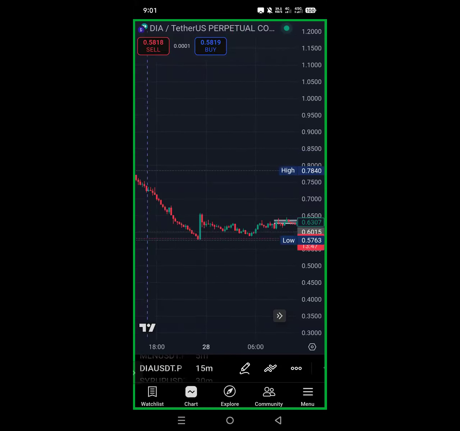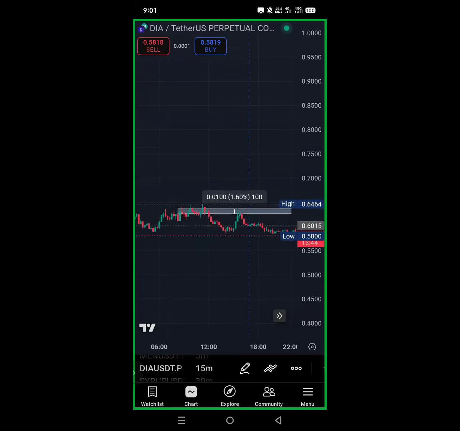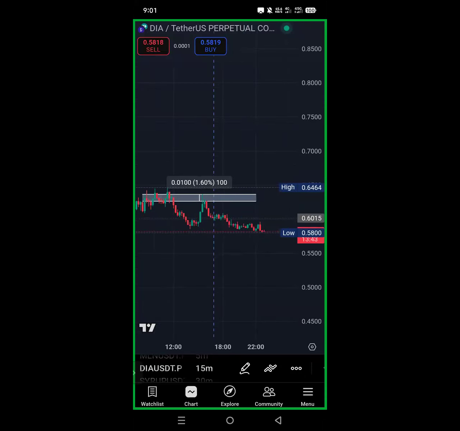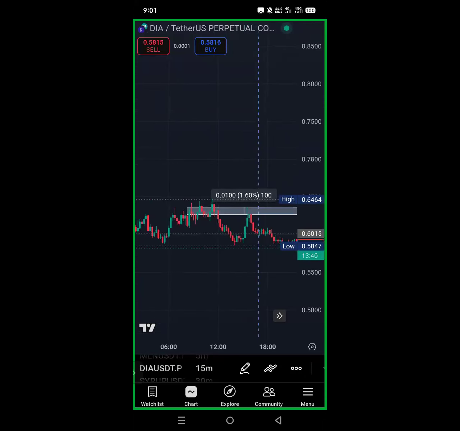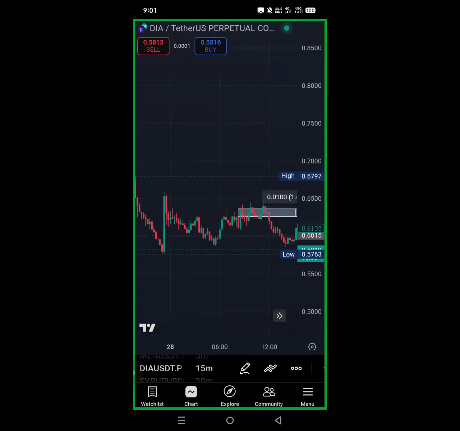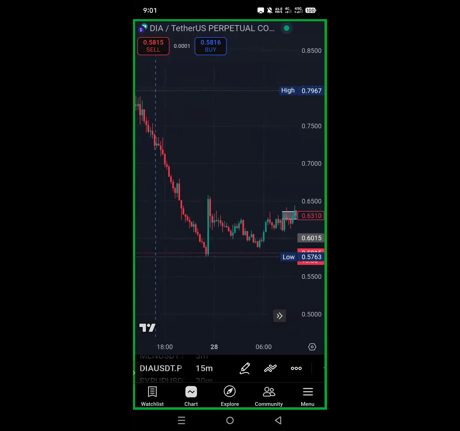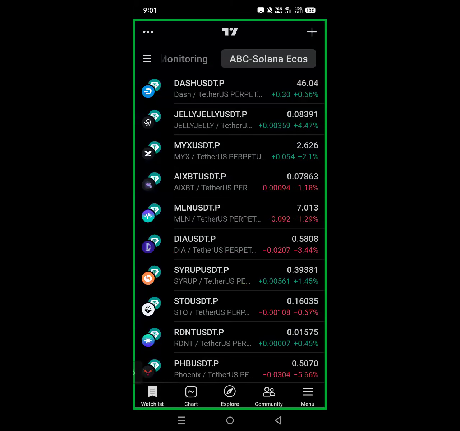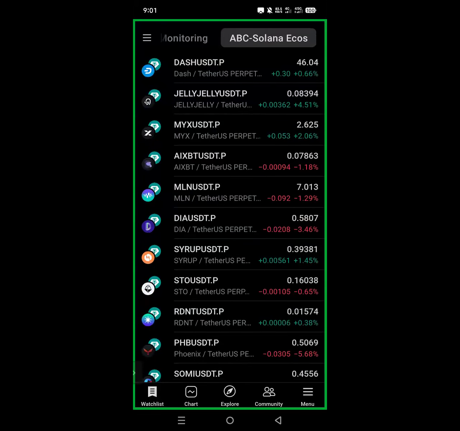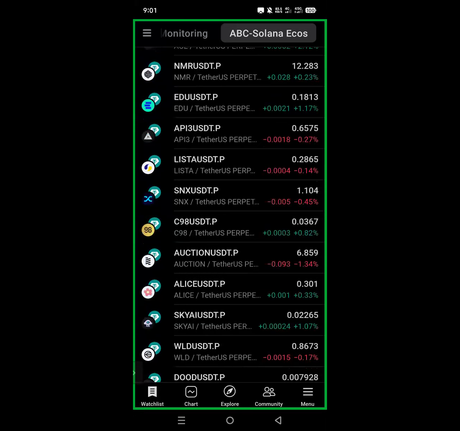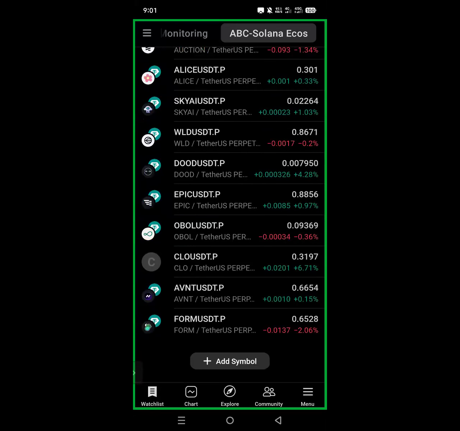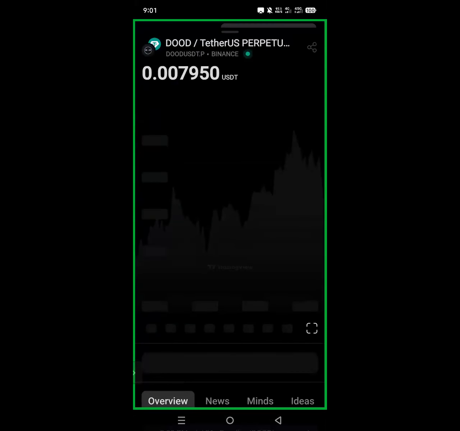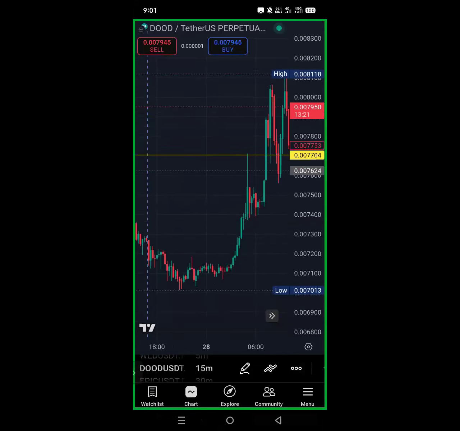Oh, I've not seen one, but possibly I will spot one and share it with you tomorrow. The tweezer top and tweezer bottom are not so common here. I'm not quite seeing them. But at least you have the picture already. You have the idea of what we just shared, and I hope you try to utilize it.